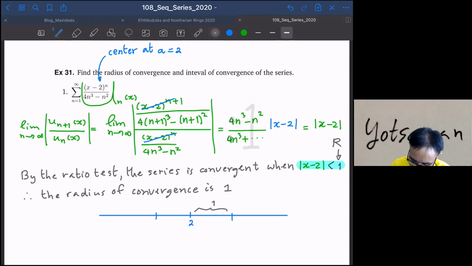Okay, so it's going to be 1, and it's going to be 1 here. Okay, and it's going to be 1, 2, 3. So it's going to be 1 step away from 2, which is the center.